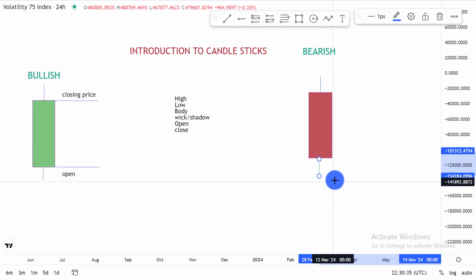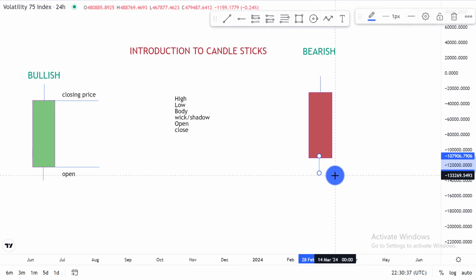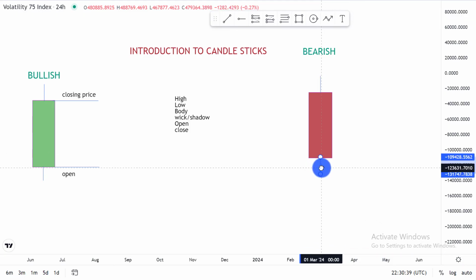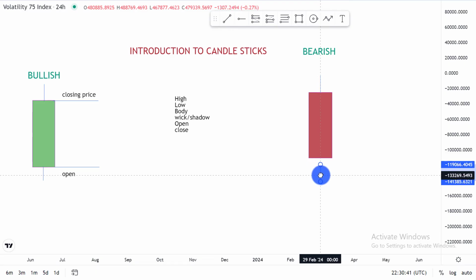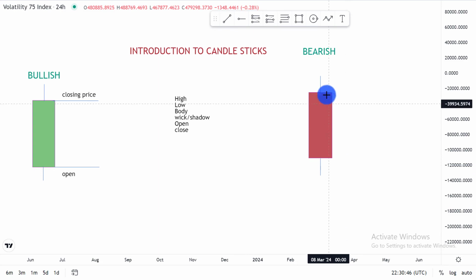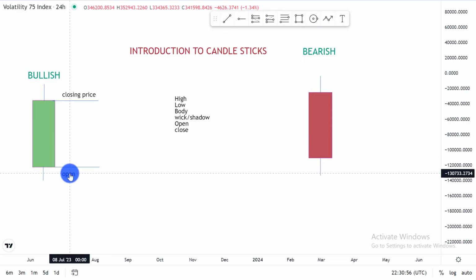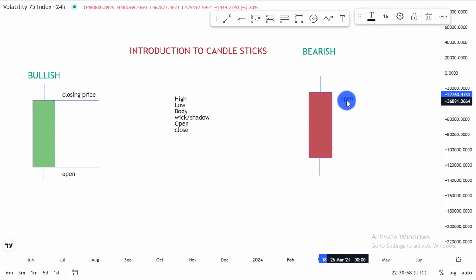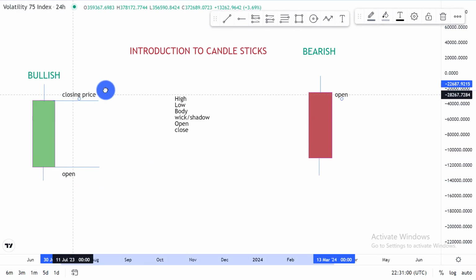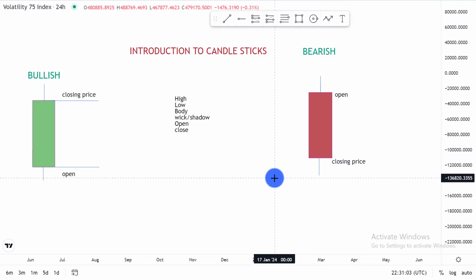Price traded to this low, then we see a rejection that closed above the low of that candle. So that means price opened here, traded above to that highest level, traded below to the lowest low, then closed here. This is a bearish candle. Why is it a bearish candle? Because we have the opening higher and the closing price lower.